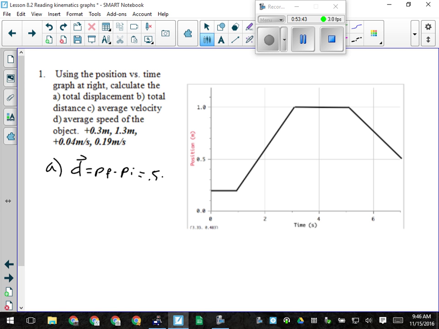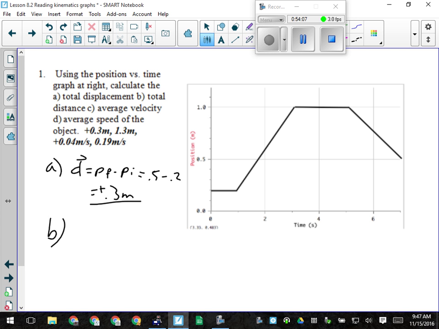So 0.5 minus 0.2 gives us positive 0.3 meters for our total displacement. Everybody follow what I did there? That's about as easy as a position versus time graph calculation gets.